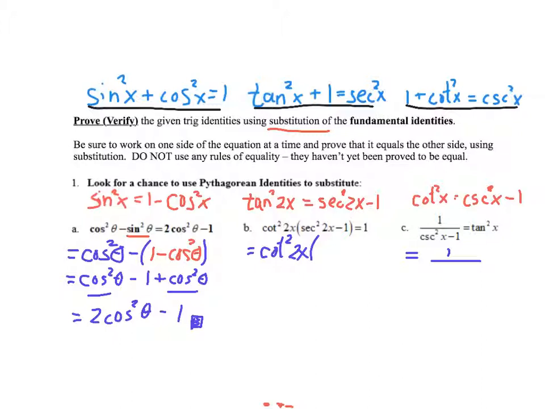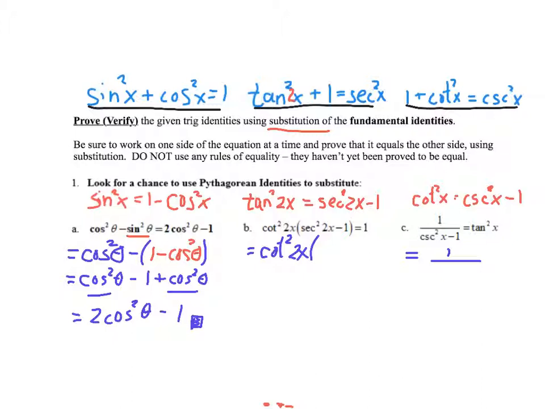The next one illustrates that you will not always have an x or a theta. You sometimes have a 2x, you could have a 3x. It doesn't matter what it is as long as all the angles are the same. So you could use your formula, and you don't have to write this in, but I'm going to show you.